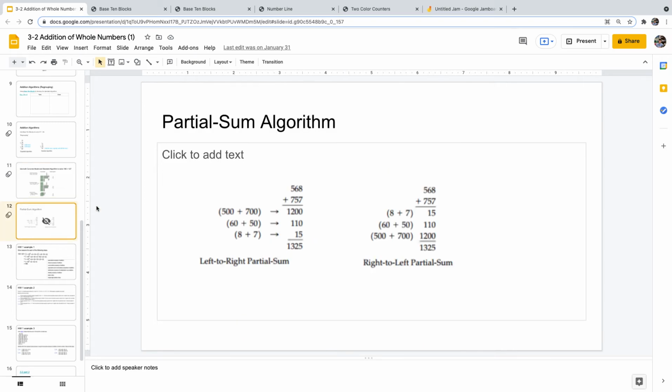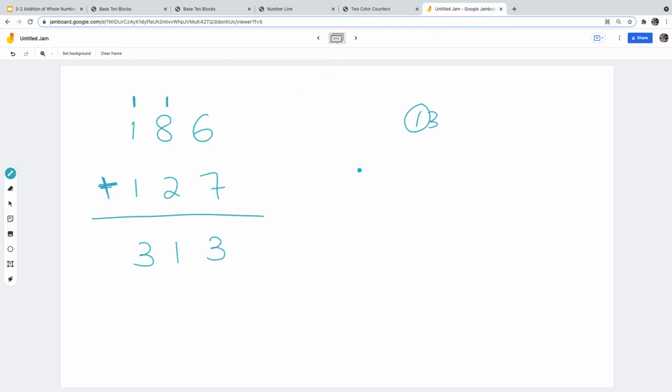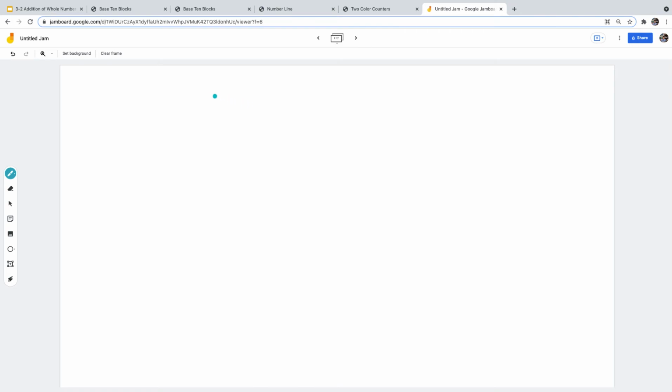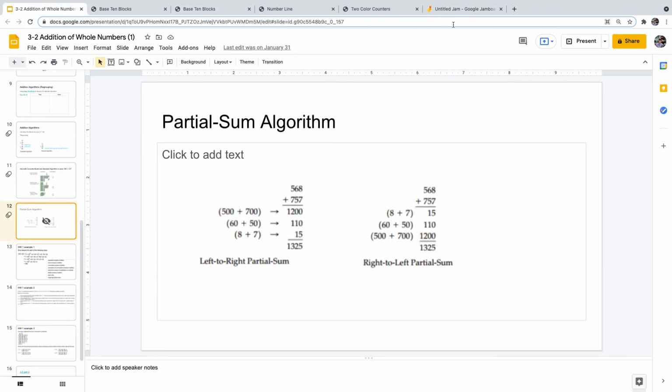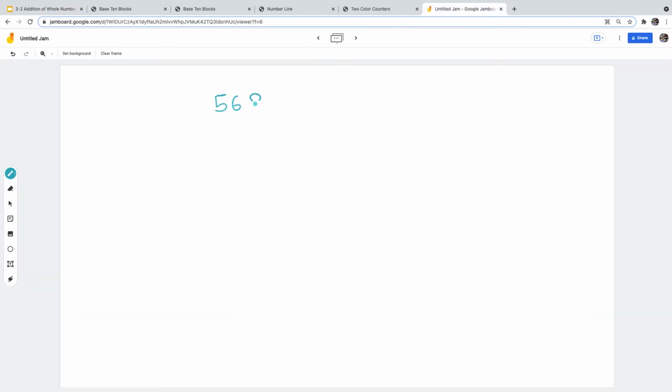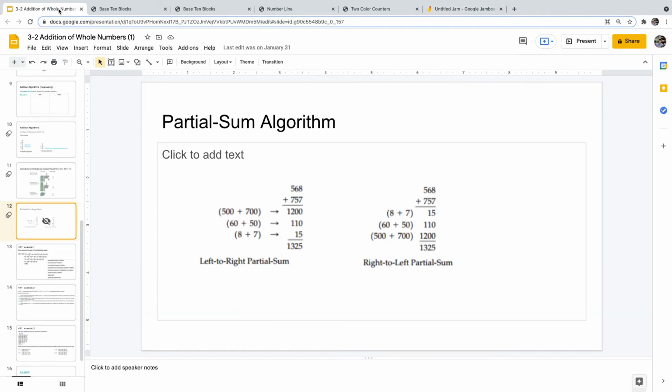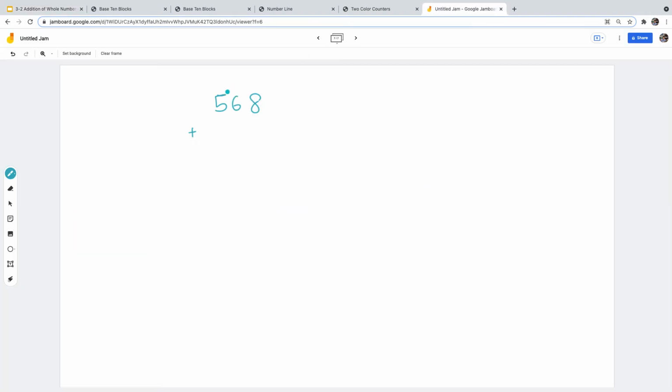Okay. Now, partial sum algorithm. Partial sum algorithm is expanded algorithm. So, for example, 568 plus 757.